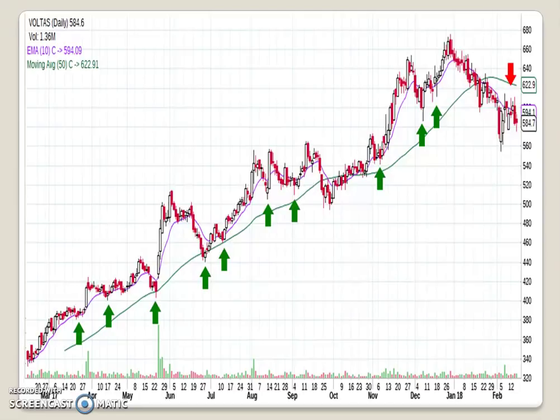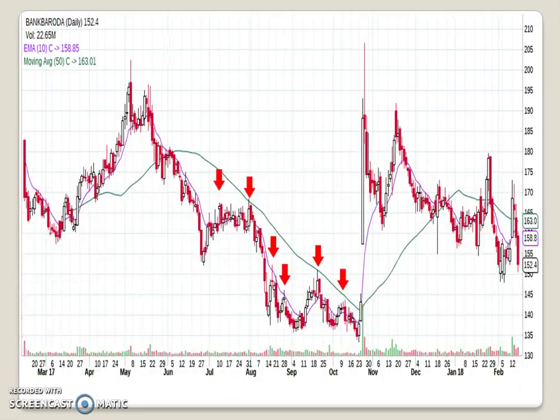This was an example of the long side of the trade. Let me take an example where we will be focusing on the short side of the trade. This particular chart is Bank of Baroda's daily chart. You see over here, this is a zone where the price has fallen and retraced back.